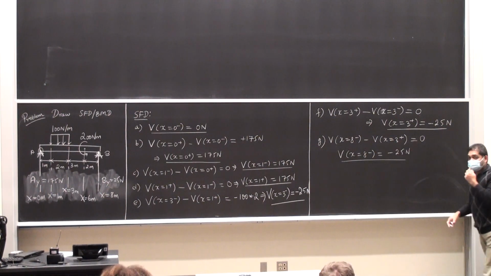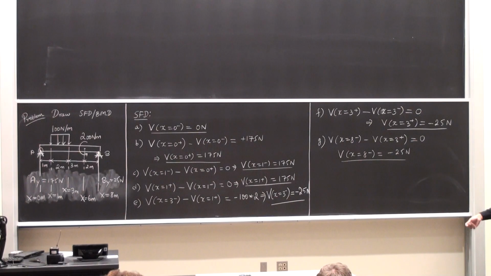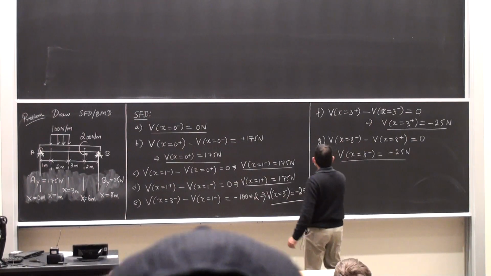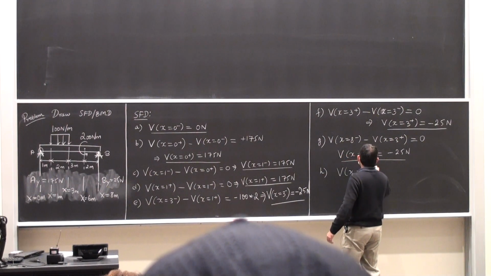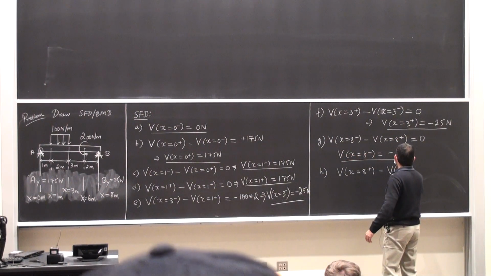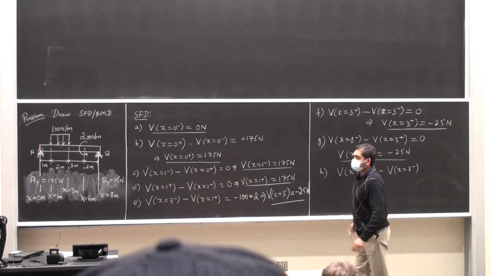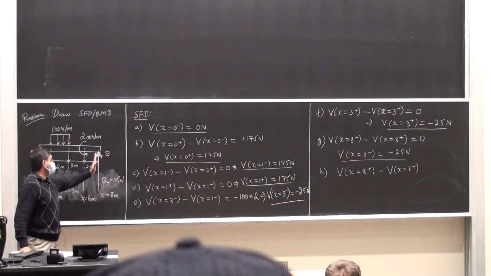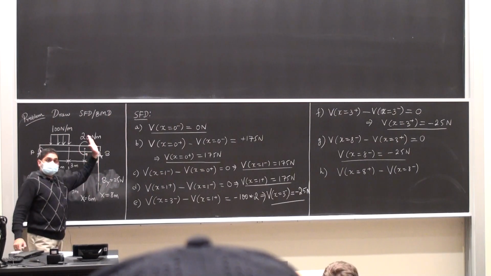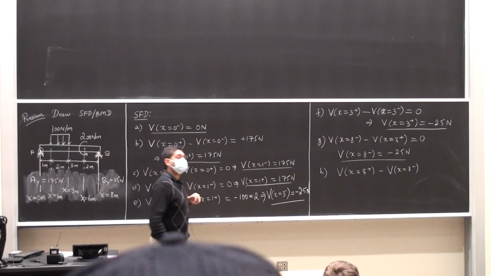The last step, you've got to come back home. You started from home. The difference between the value of the shear force between 8 plus and 8 minus is equal to whatever you're seeing here, which is acting in the vertically upward direction, so that's a positive 25.